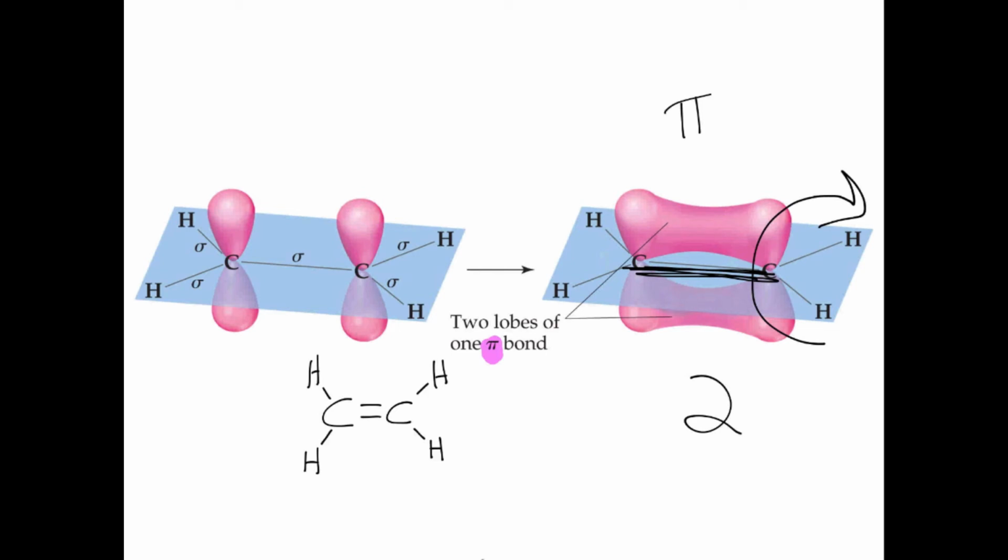In other words, according to valence bond theory, doing nothing more than twisting this ethene molecule could in principle break the pi bond. Not break the molecule apart, but break the pi bond. So if such a thing as a pi bond exists, and if it exists in the manner that valence bond theory seems to be proposing, then I would expect it to be virtually impossible to twist this ethene molecule around its axis.